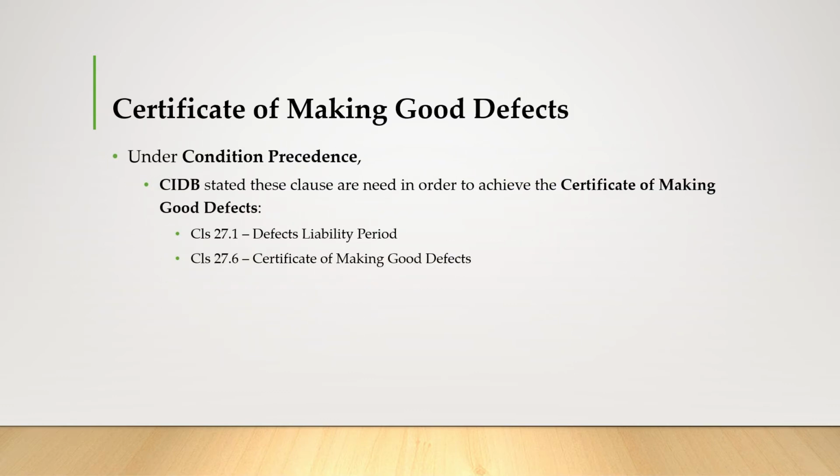So the condition precedents in CIDB include clause 27.1, defect liability, the DLP, and also clause 27.6, the certificate of making good defects.